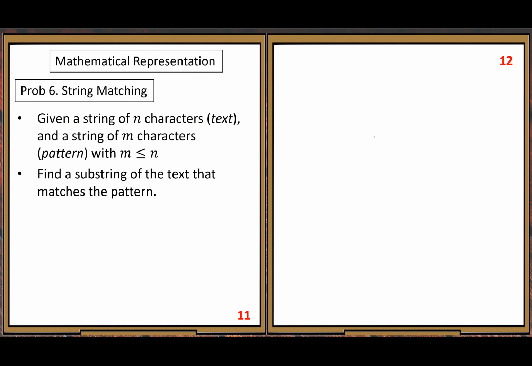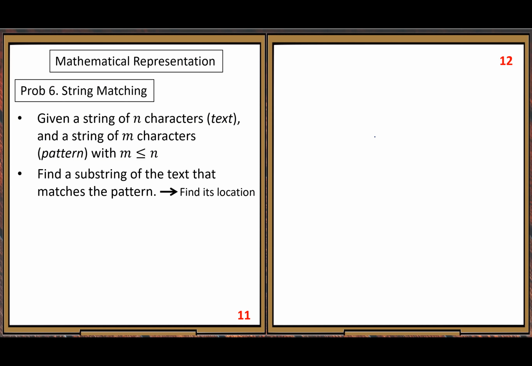But how to skip? Very complex. You keep track of many special locations, and then do the comparison. When this condition is satisfied, you do comparison. If not, you go to the next one. Something like that. All right, so let's look at a simple solution first here.